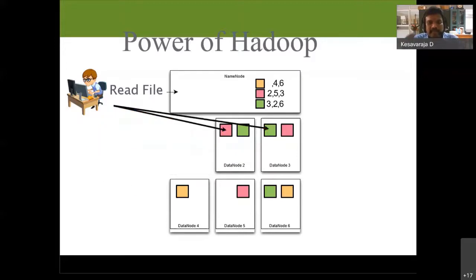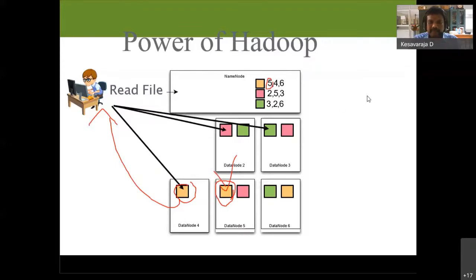If data node 1 fails, then automatically what HDFS does is it can provide the data from data node 4 and replicate it from data node 5.